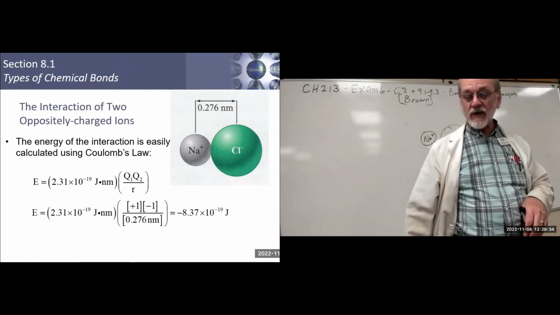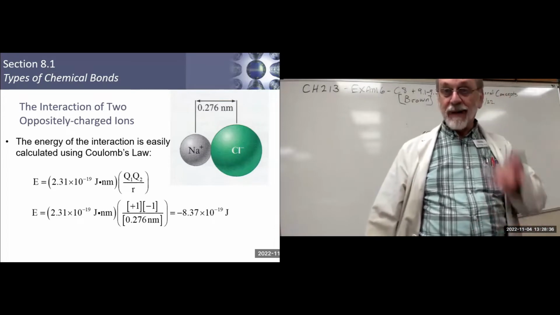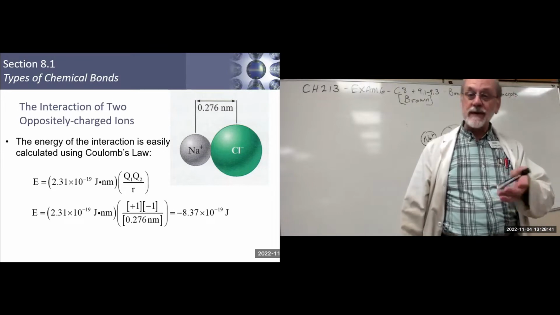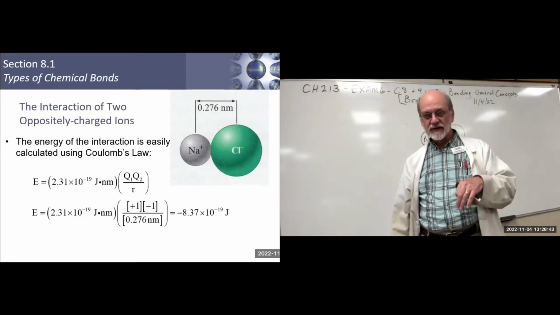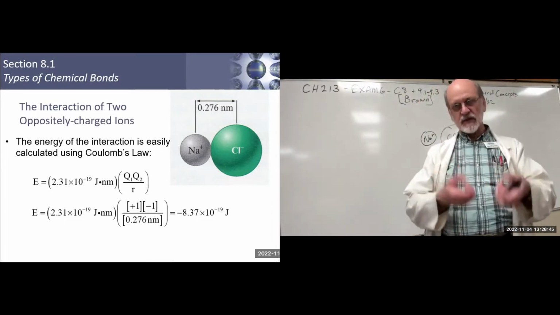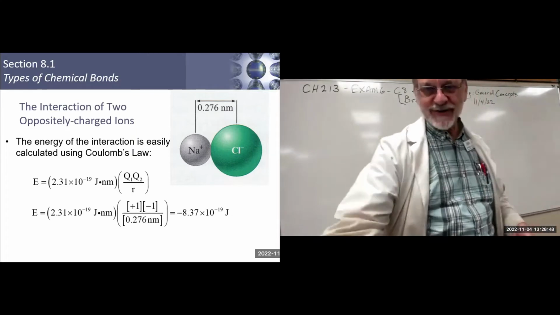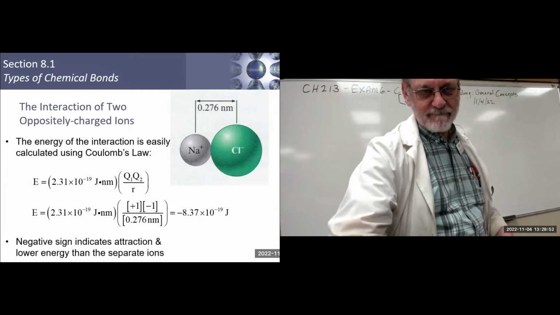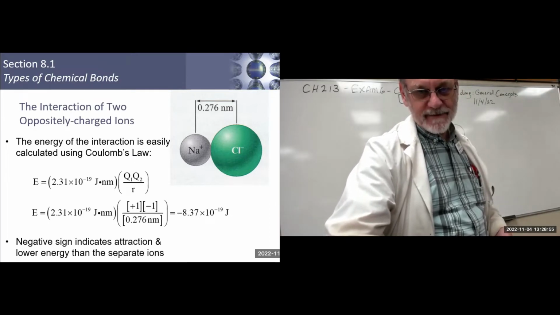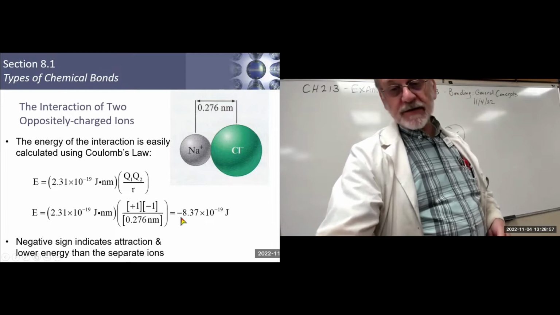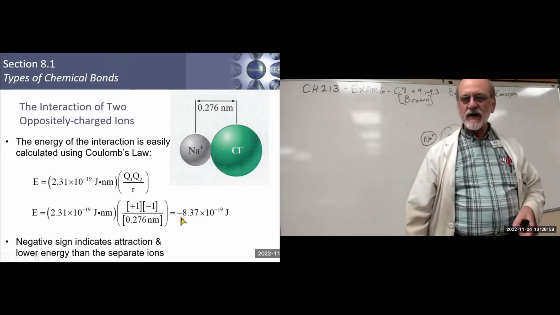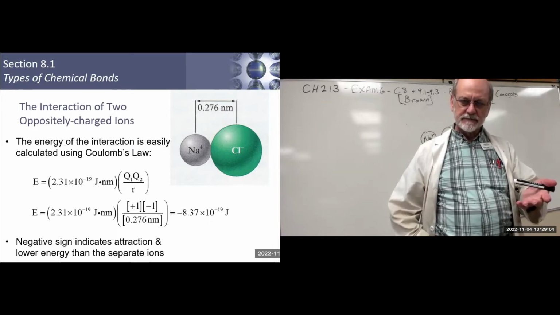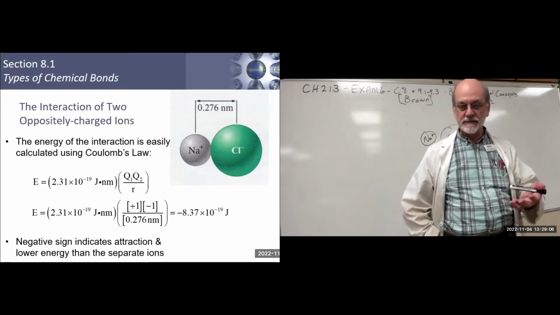And in this case, we calculate that that energy that you get back when the bond forms is minus 8.37 times 10 to the minus 19th joules. It's very small, but these are very small particles. Okay, that's a good point. If the sign is negative, the calculation tells us that the force is attractive.